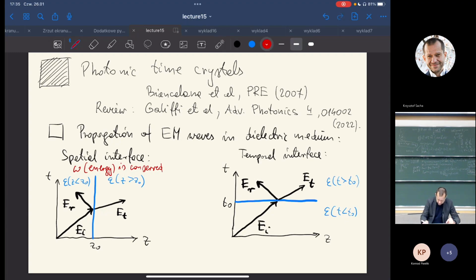But now what is conserved in this wave propagation is the momentum, because we consider a homogeneous medium, especially homogeneous in space. Nothing happens when we go from one point in space to the other. So that means that the momentum is conserved.